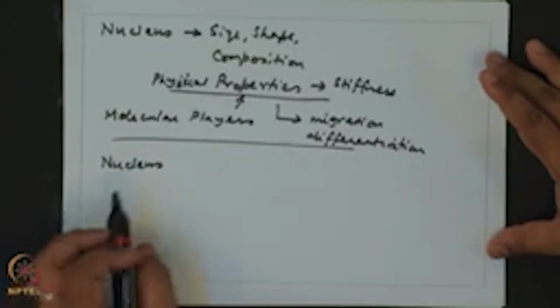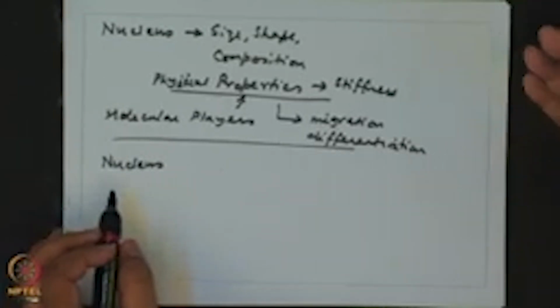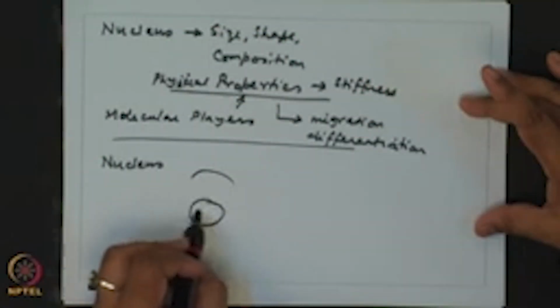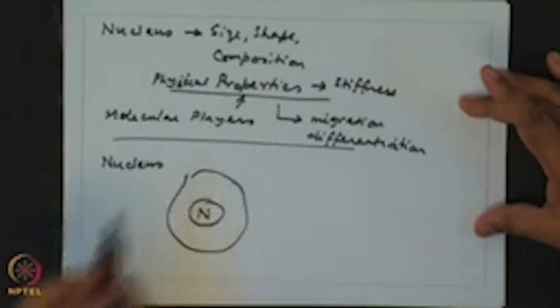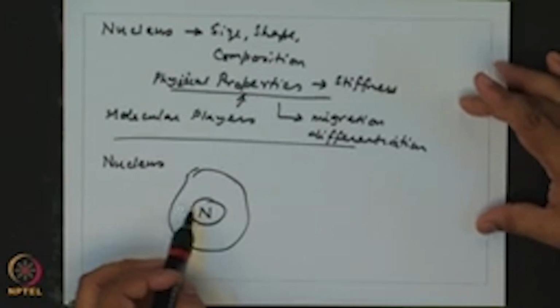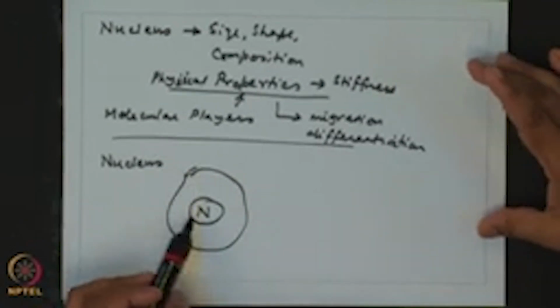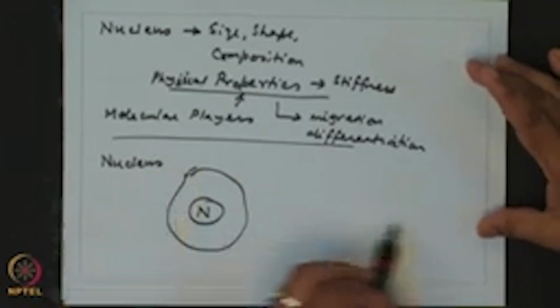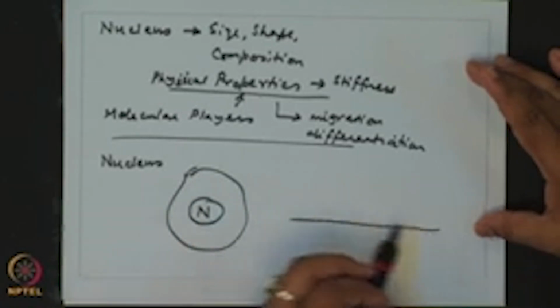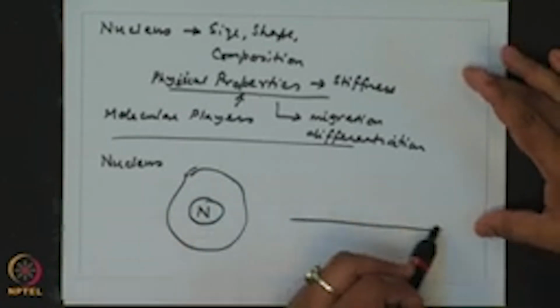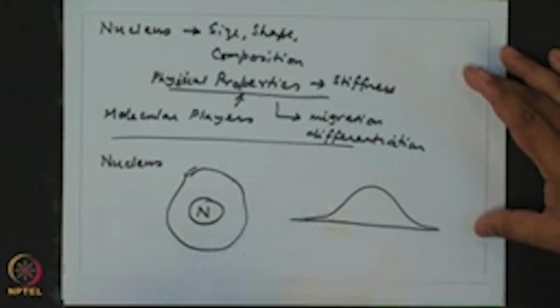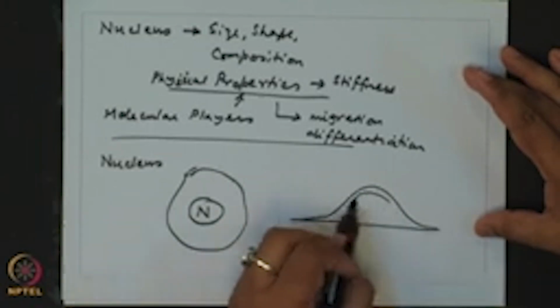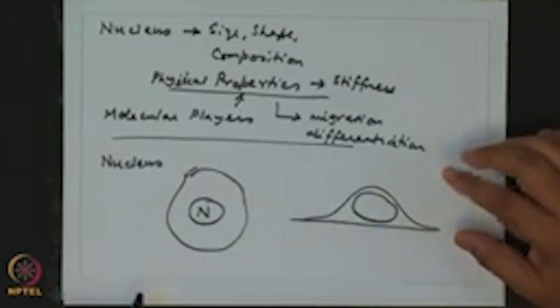As you all know, in contrast to cells like bacteria, in a eukaryotic cell the genetic information is stored inside the nucleus. And though we like to draw a schematic of a cell with a nucleus like this, if you look in side view, accounting for its proper shape and size, the nucleus will look something like this.